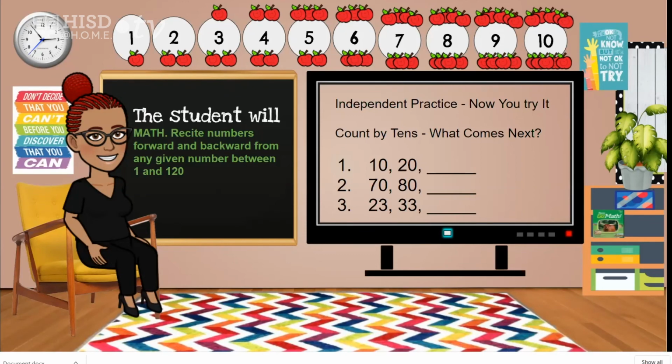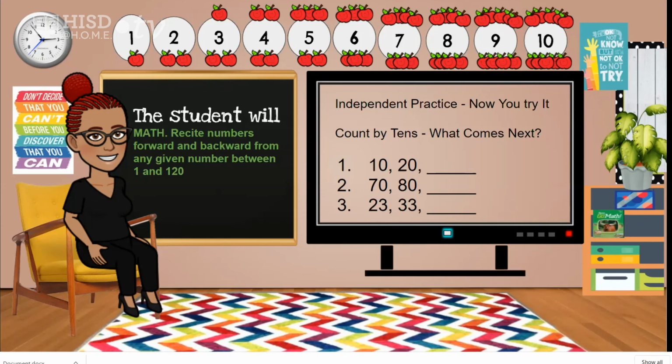Next, you're going to write 70, 80, and then fill in the number to tell what number comes next. And last, you're going to write 23, 33, and then fill in the number to tell what comes next.